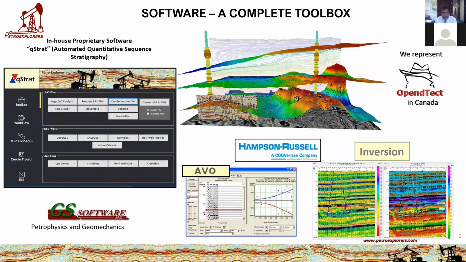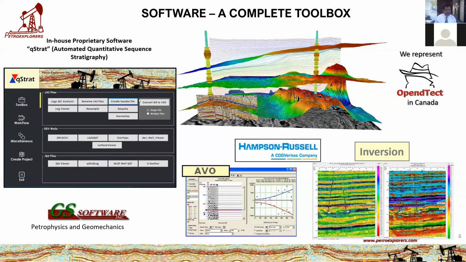Of course, we've been representing OpenDetect for the last 12 years, and that has been in Canada. Really, our key base is OpenDetect with all the variations and plugins which we test, use, and promote, as well as we add that to Hampson-Russell, mostly for the pre-stack work, inversion, and AVO.